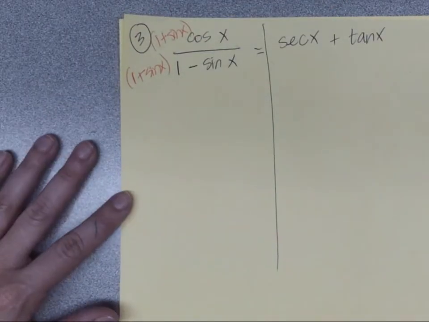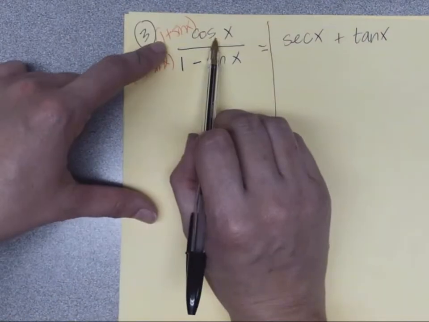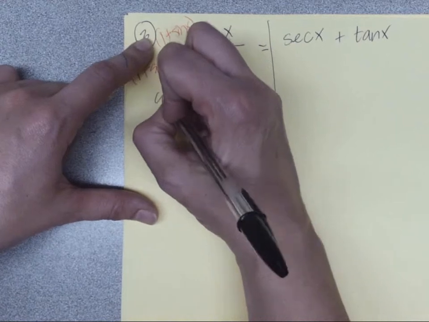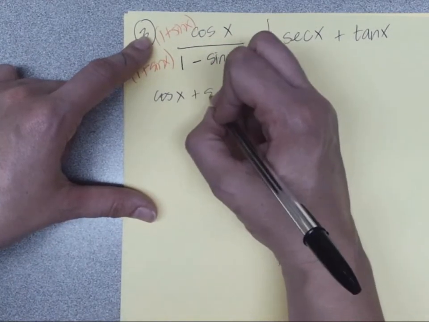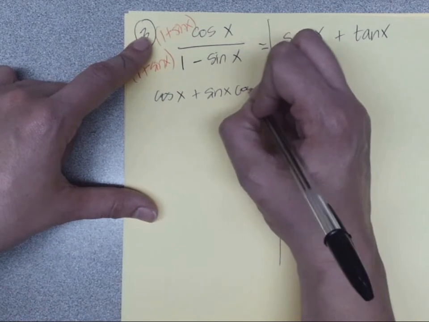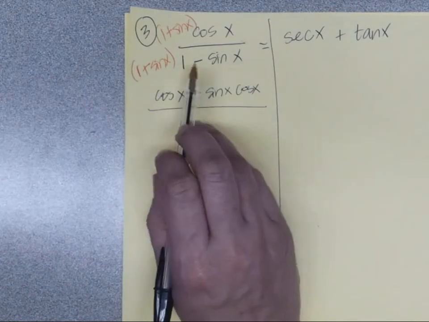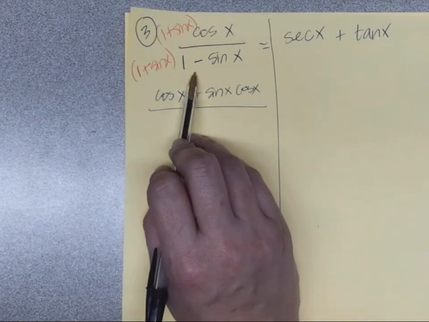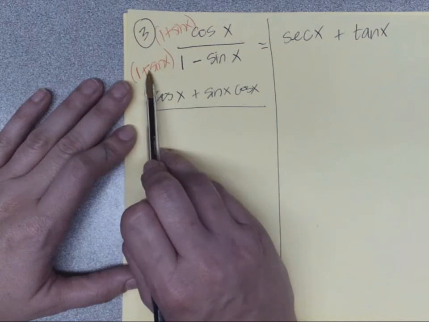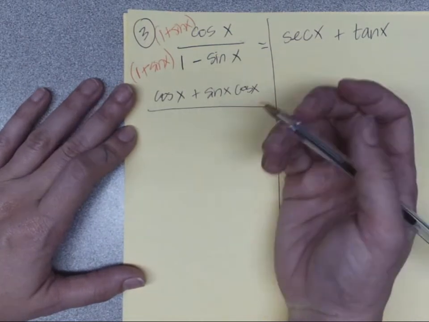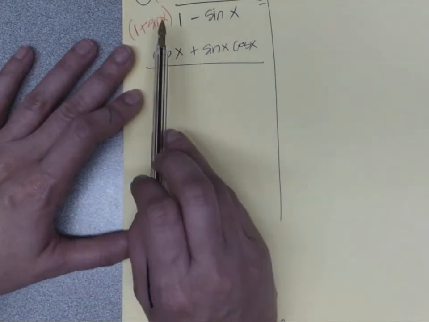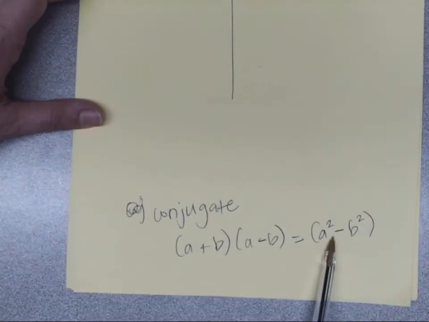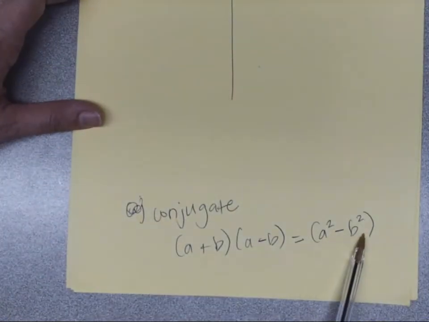Okay, so then when I multiply out the top, cosine x times 1 would be cosine x. Sine x times cosine x would be sine x cosine x. Over the bottom, when I multiply 1 plus sine x times 1 minus sine x, you could write it out like that, or you could go ahead and multiply it. I know that this is going to be the first thing squared minus the second thing squared.